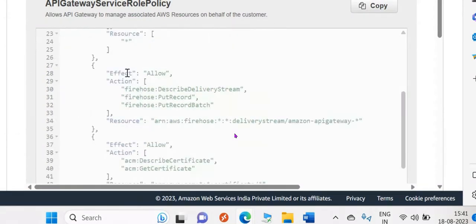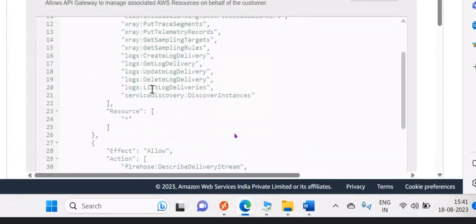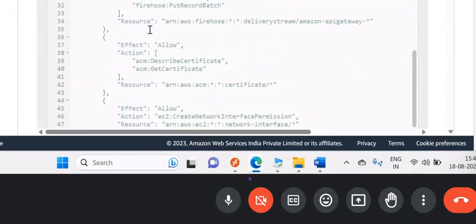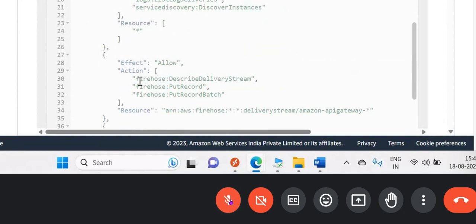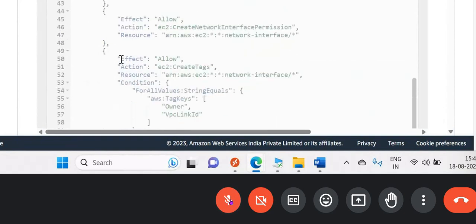And again here, Firehose, I don't know what these are, but here I could see EC2 CreateTags. So when we are creating an EC2, create tags means the tag creation is enabled. Right, you are allowing a tag for each EC2 instance you create.